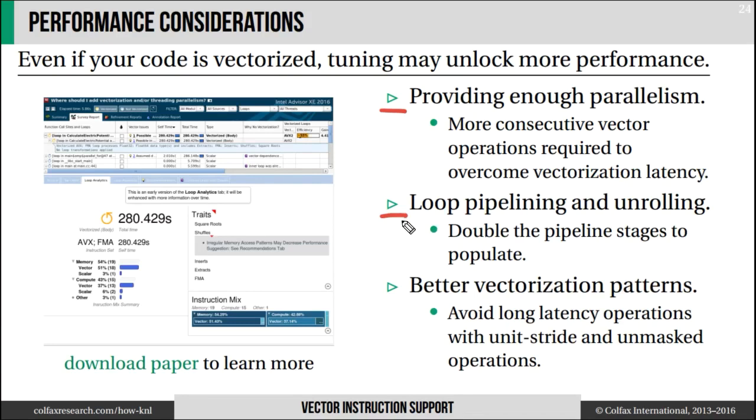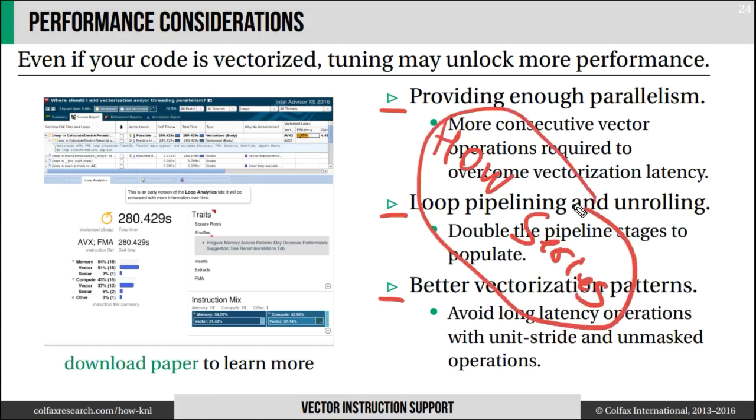And finally, you may need to change the data containers that you are using, for example, achieving unit stride and otherwise improving vectorization patterns. We talk about these techniques in detail in our HOW series, and there is a link to this comprehensive training in episode 10 of this workshop.